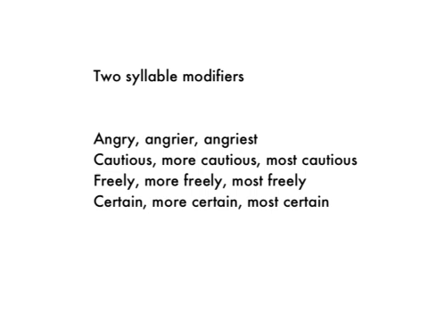So for example, cautious becomes more cautious or most cautious. Freely, that adverb, becomes more freely or most freely. Certain, another adjective, becomes more certain or most certain. So you need to add a more when you're comparing two things, add a most when it's the most certain of all.